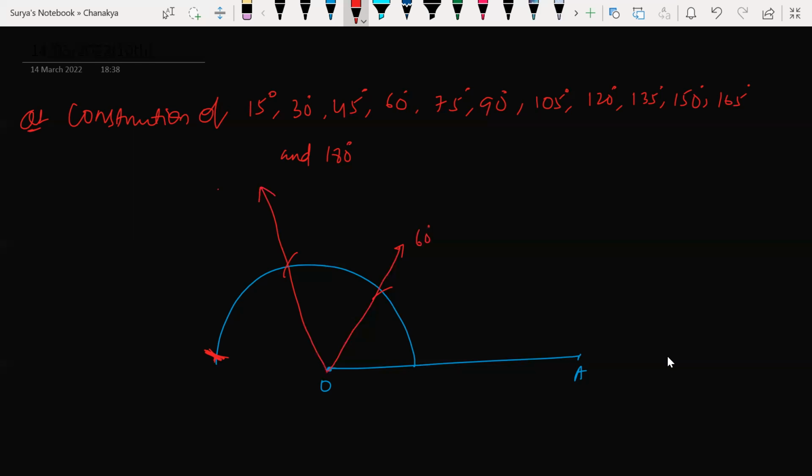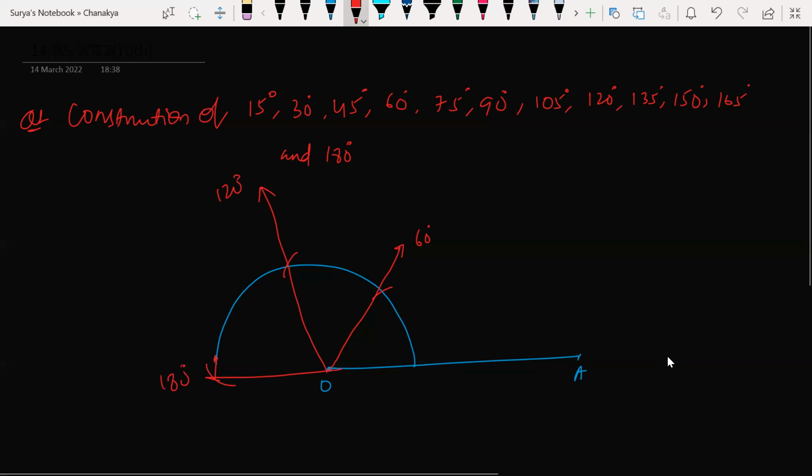This is 120 degrees. And if you join this to this, this is of course 180 degrees here. It will be some 180 degrees. Till this everyone knows. Clear? Any doubts?